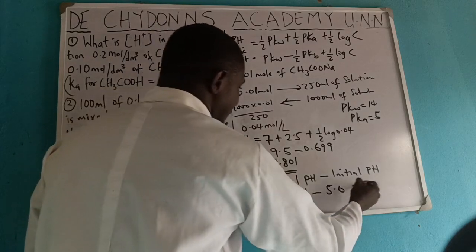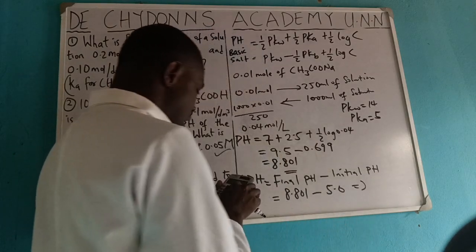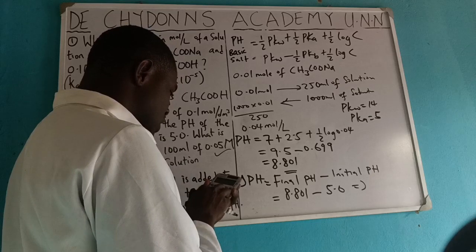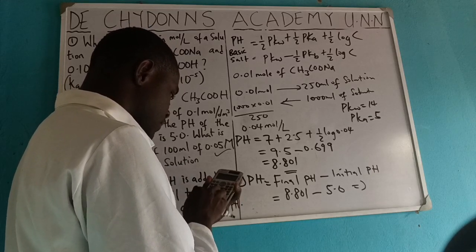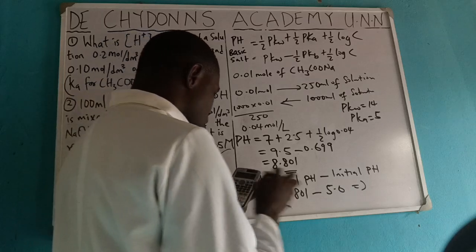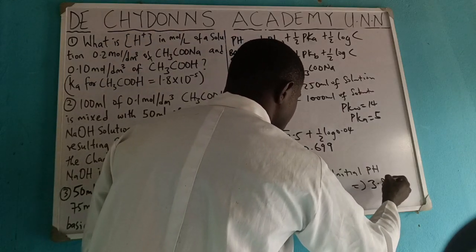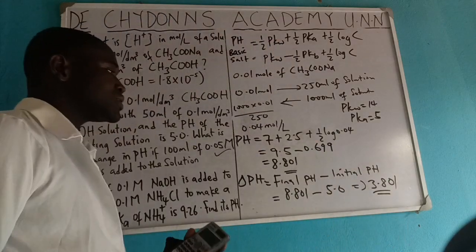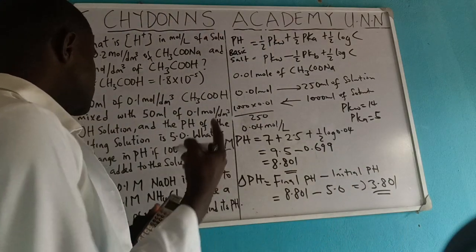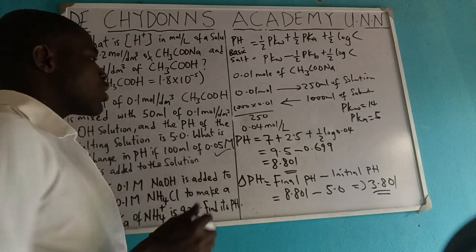Therefore, our answer will now be 8.801 minus 5.0. That will be giving us 3.801, approximately 3.8. That will be the final change in pH of question number 2.